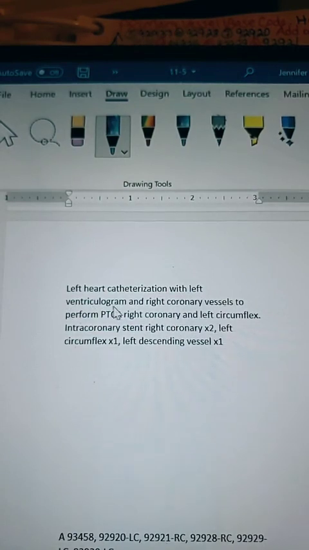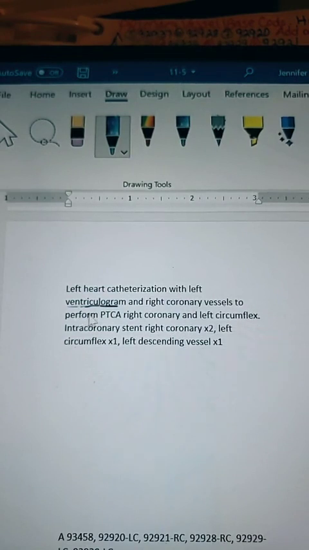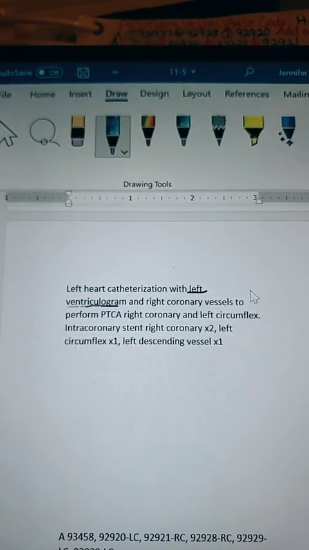Of course, it's a ventriculogram, okay? I'm trying here. I don't know, I probably should have practiced going over this really quick.